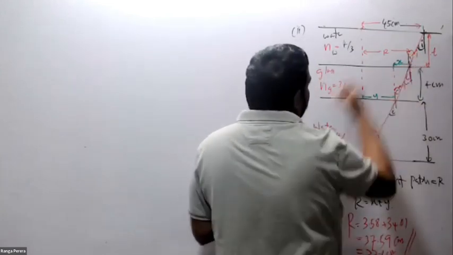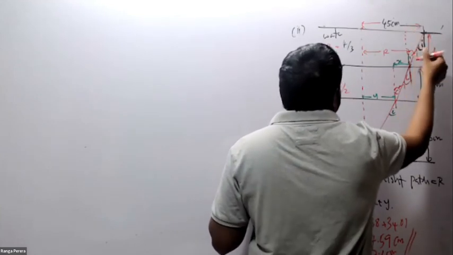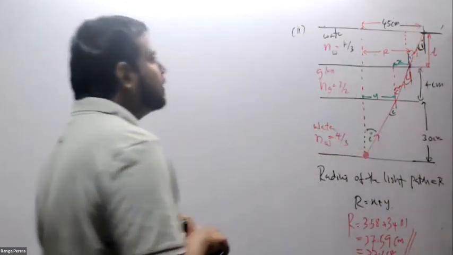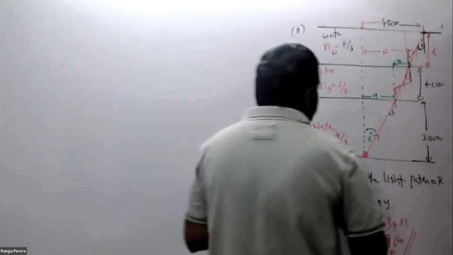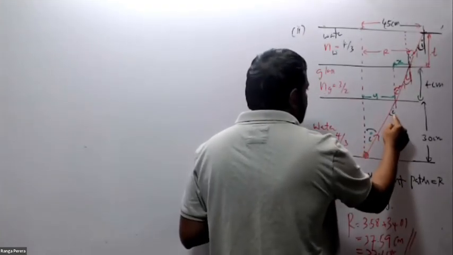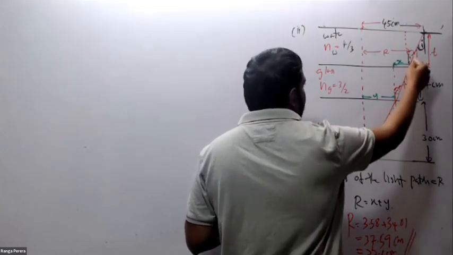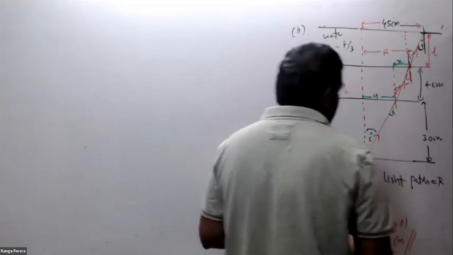We found the value of I. Let's say, what's the value of I? If it is I, this must be I. If it is I, this is C. If it is C, this must be I. That's how it's going on.